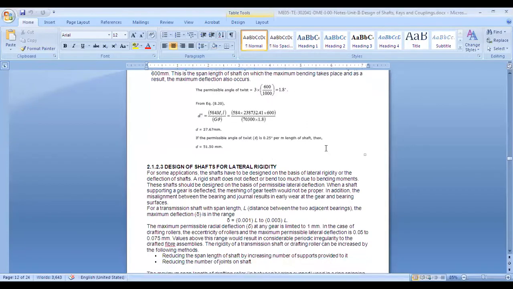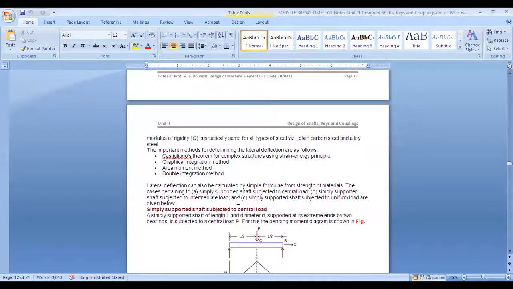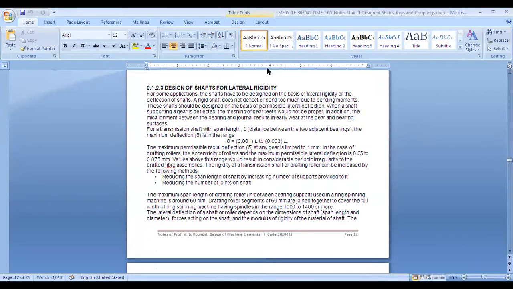We'll take a numerical on that also. But before that, does anybody have any doubt till now? Nobody is asking anything, so I assume I am audible and you don't have any doubts.